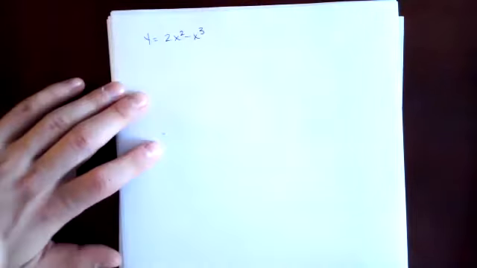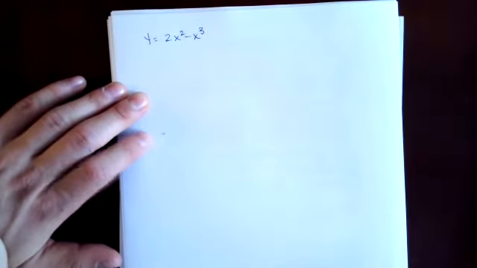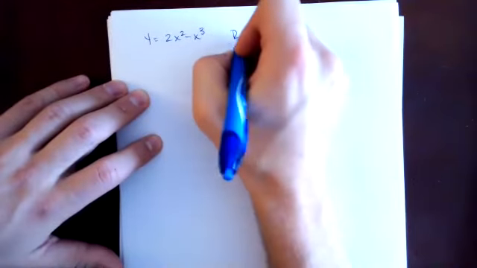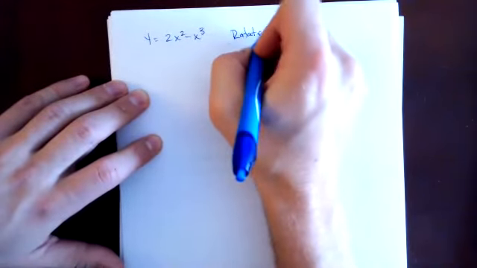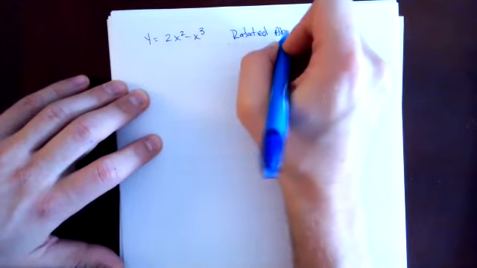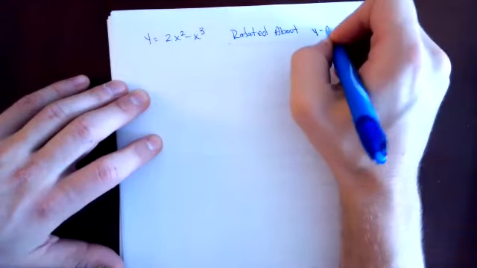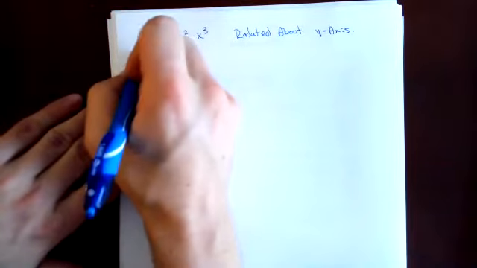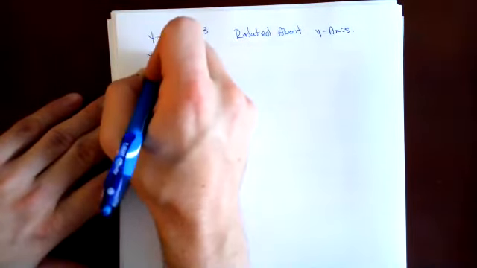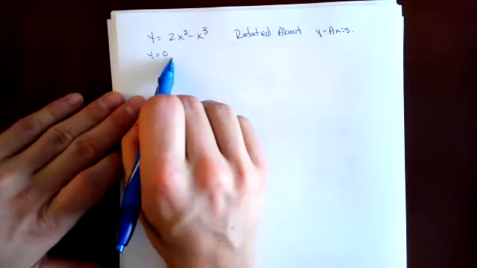And I've got my function now, something like 2x squared minus x cubed, rotated about the y-axis. Functions that, I guess we should say y equals 0. And then it's a region between those two curves.